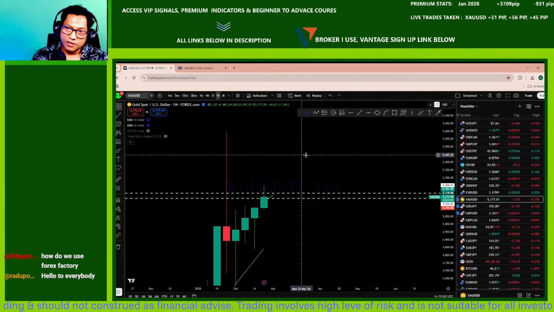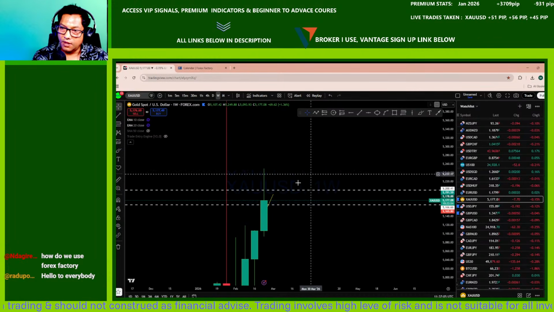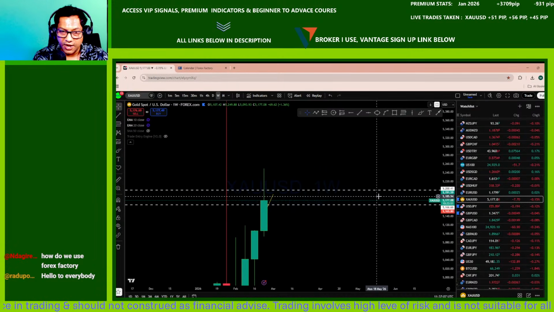And here, this is the weekly market structure that you can see.